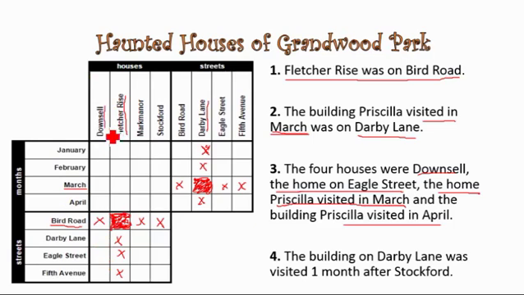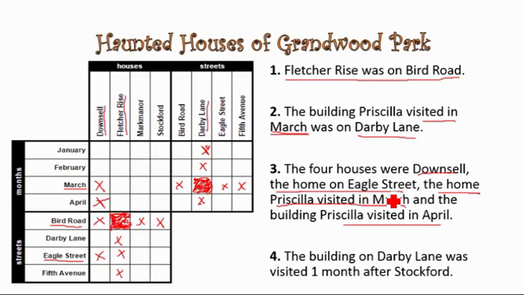So if I see Downsell here and I look and I find Eagle Street, wherever they meet on the grid, I can put an X. Now I also know that Eagle Street is not Downsell. And I also know that Eagle Street is not the home that Priscilla visited in March. So Downsell is not the home visited in March or April. So there's 3 things about Downsell that we could X out.